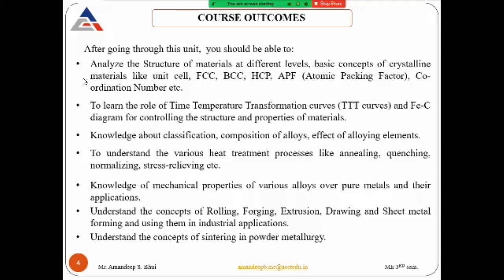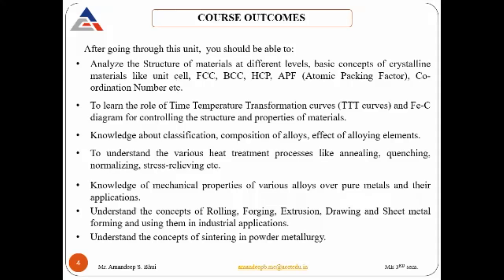Next, you will be able to understand the various heat treatment processes. Okay. So heat treatment processes for a material include annealing, quenching, normalizing, and stress relieving. All these heat treatment processes are conducted on the materials at different stages of manufacturing in the manufacturing industry.